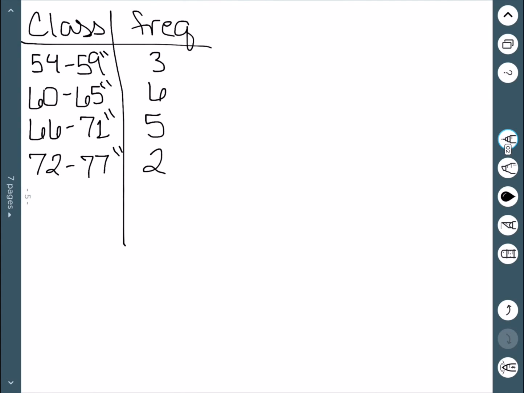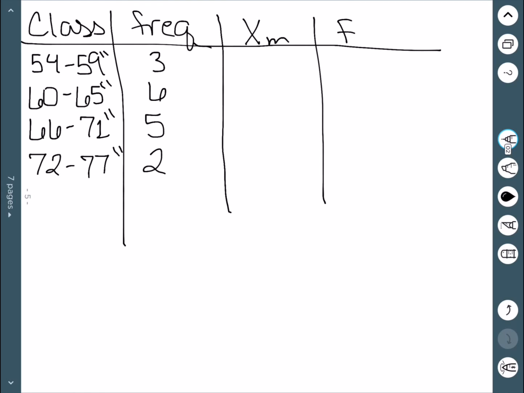Here's our frequency distribution. We have our classes and our frequency. And the easiest way to do this is to add a couple of extra columns. One for the midpoint, and then one for multiplying my frequency and my midpoint. The midpoint comes by adding your class limits. So for instance, 54 plus 59, and then dividing by 2 to get 56.5. For the second one, 60 plus 65, and then divide by 2 to get 62.5. We can try to do the rest of them. Similarly, we would get 68.5.